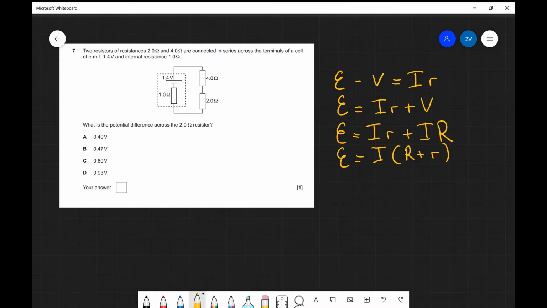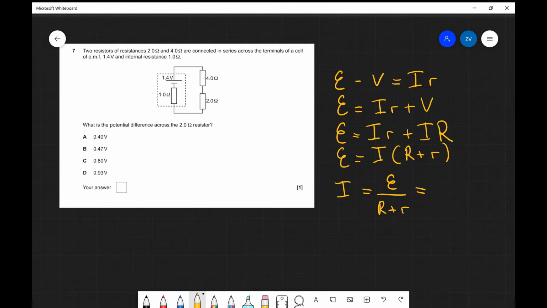Given that information, we can now find the current, simply because we are given the EMF, the total resistance and the internal resistance, R plus r.